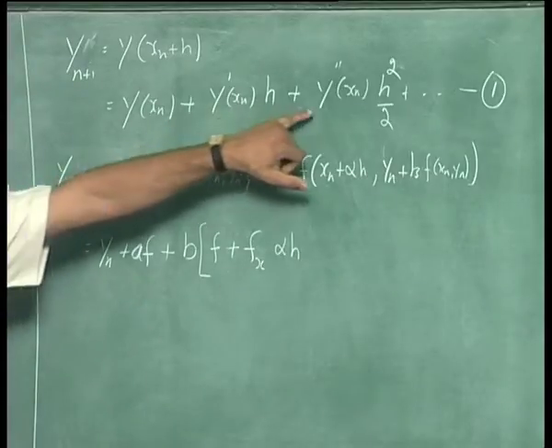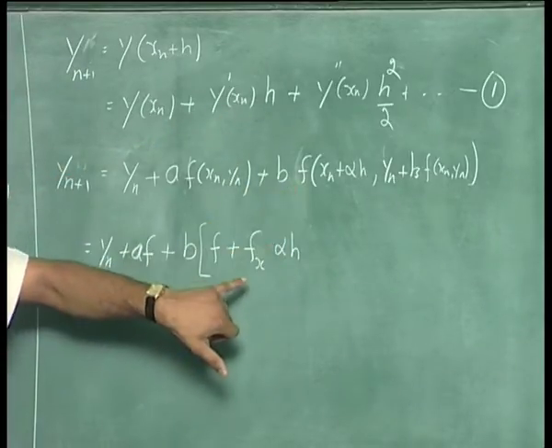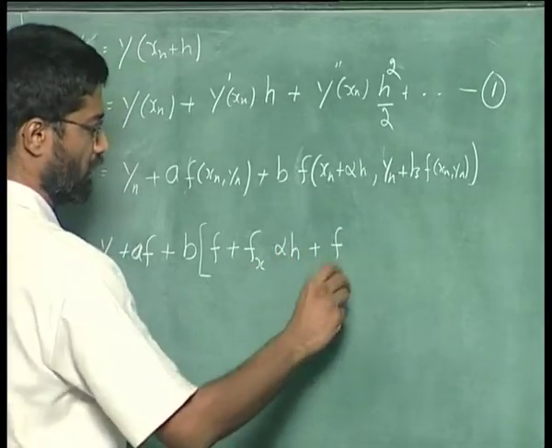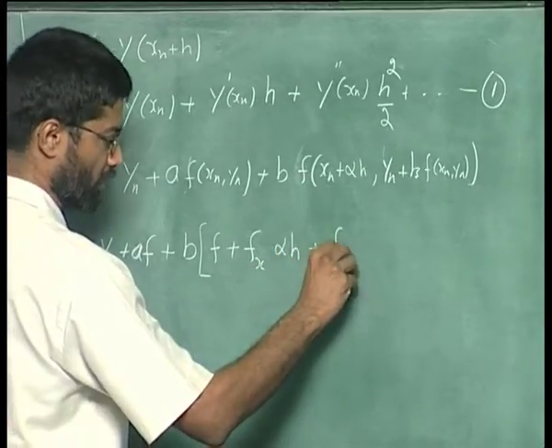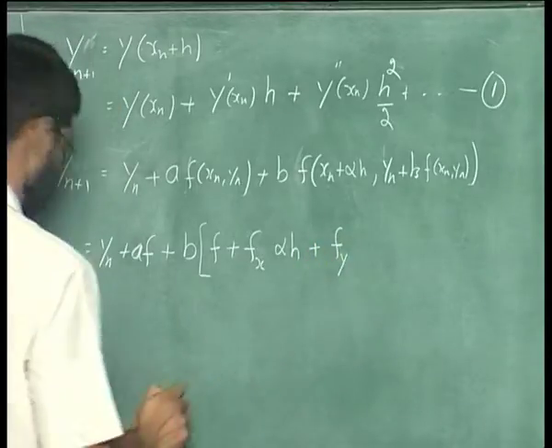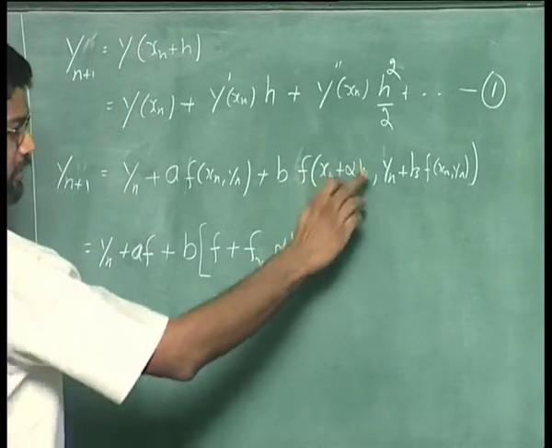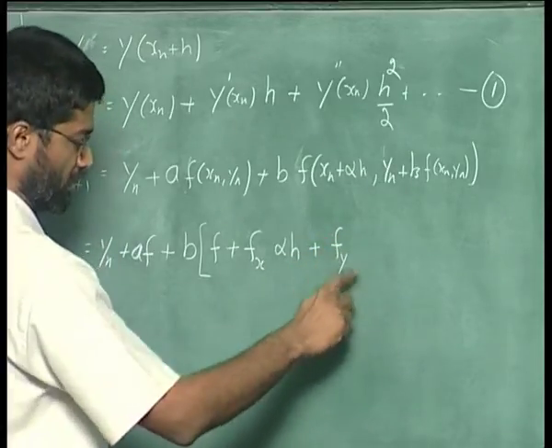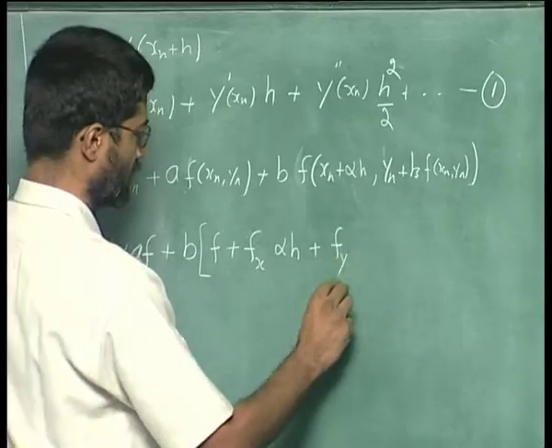So similarly, derivative of f with respect to x times alpha h, and then derivative of f with respect to y and derivative of y. So I will write derivative of f with respect to y as del f by del y into del y by del x. So that is 2 terms I get.